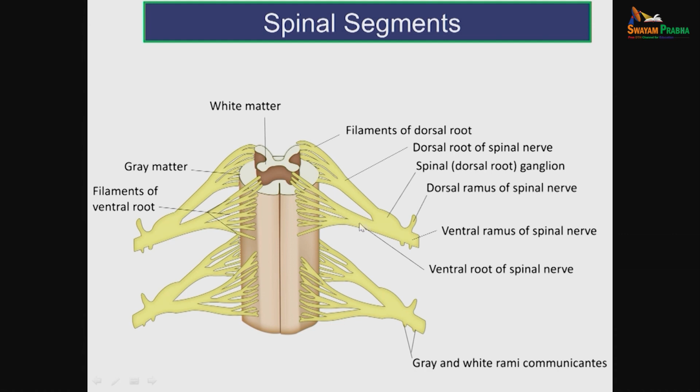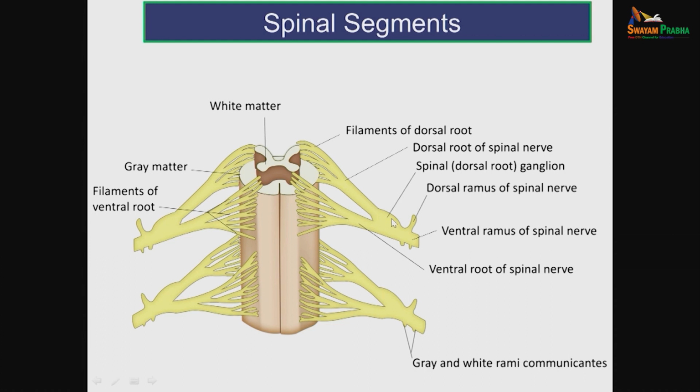Each spinal nerve, a typical spinal nerve, is attached to the cord. This is the spinal cord. You can see the inner grey matter and outer white matter. It is attached to the cord by 2 roots, a ventral root and a dorsal root.